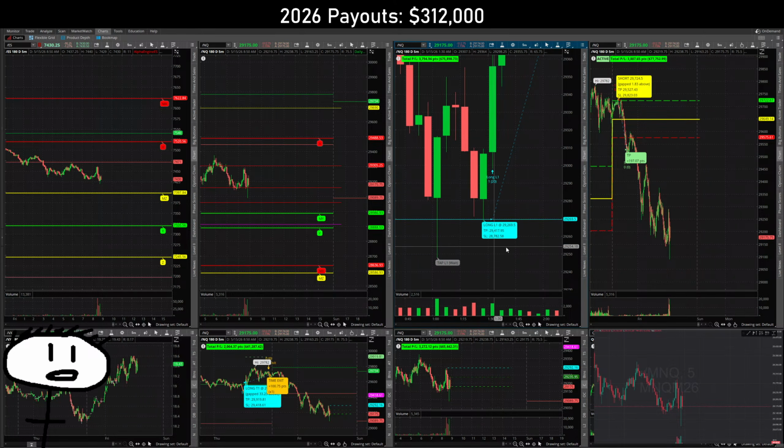Notice this text candle right here. This text candle is correct, but look at where the arrow is. This arrow is Thinkorswim's actual entry. It's Thinkorswim's actual buy order, and it's happening a candle after where this text says we should be jumping in right here. So the entry is late.